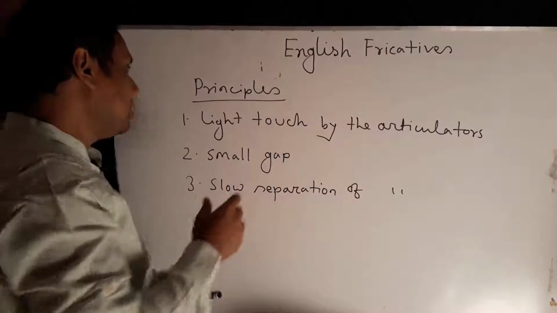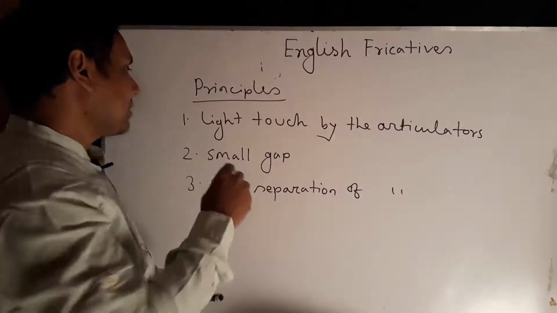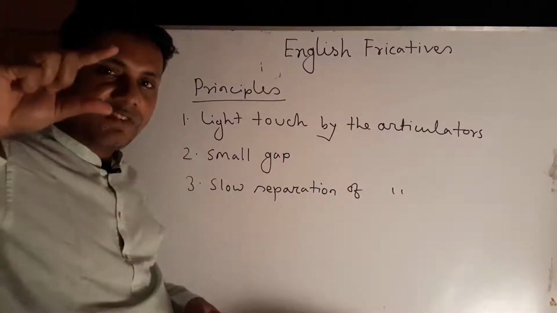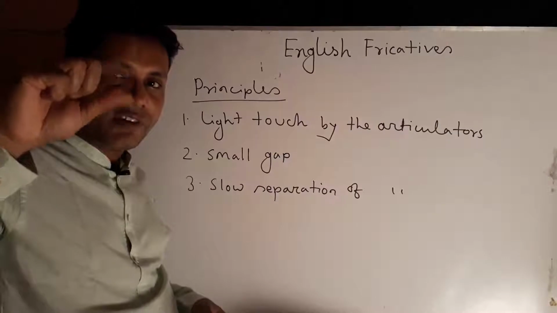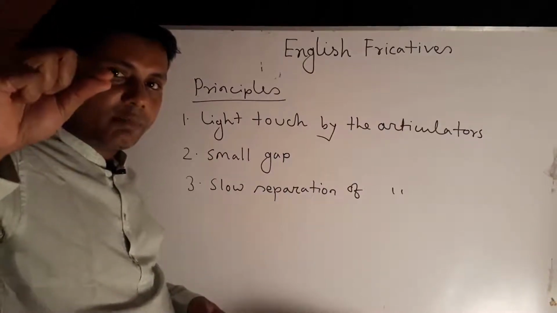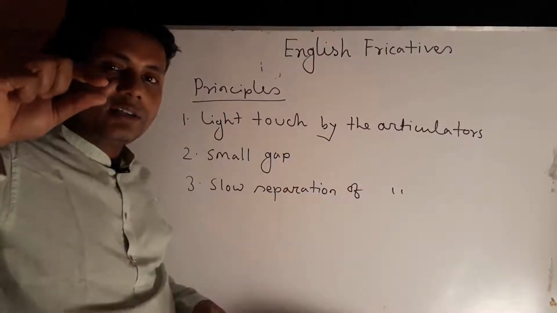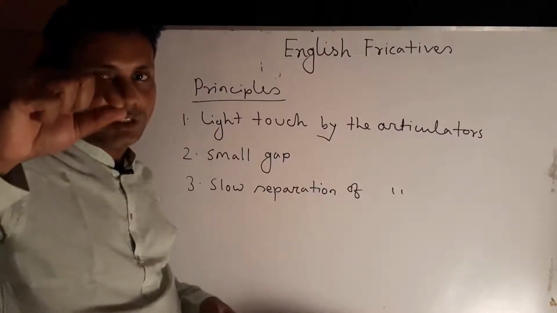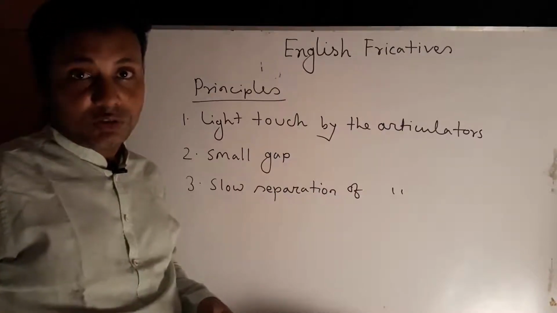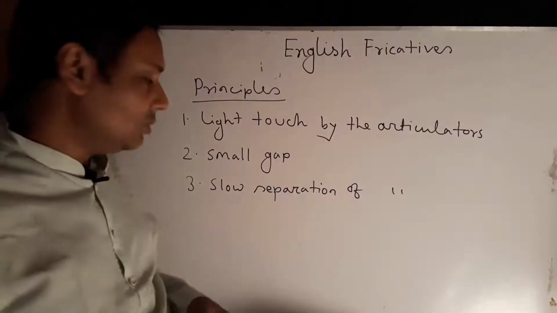In producing a plosive sound, there occurs a tight touch, fast and tight touch, and number two, sudden and fast separation of the articulators.